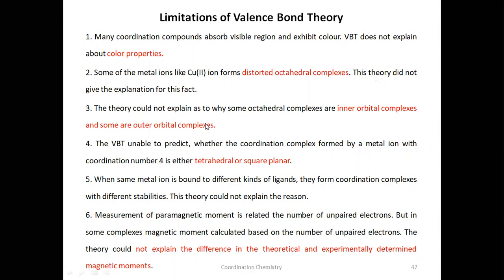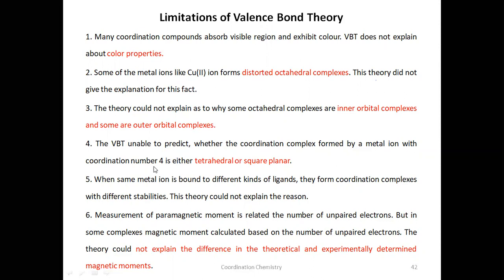If 3d are involved, they are known as inner orbital complexes. If 4d orbitals are involved, they are known as outer orbital complexes. This theory could not give a proper explanation of why they are inner orbital and outer orbital. We are predicting that 3d means inner orbital and 4d means outer orbital, but this theory could not explain it.